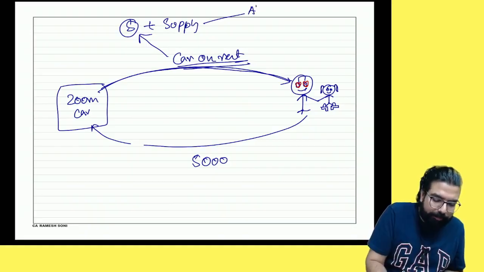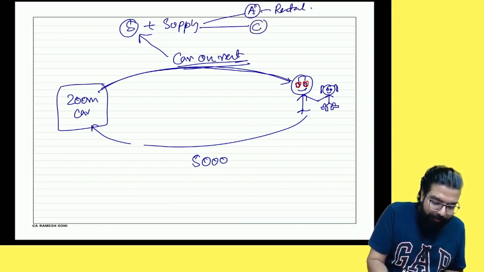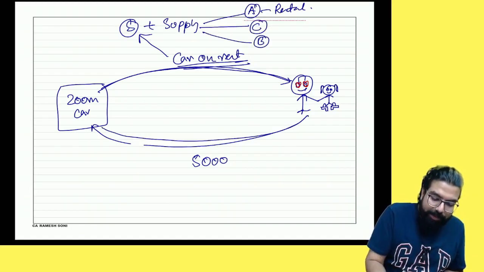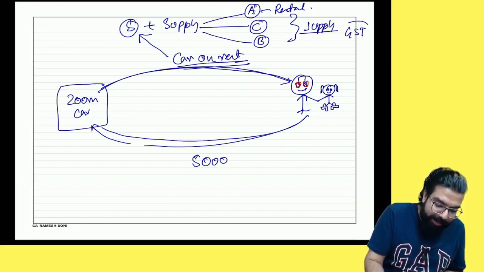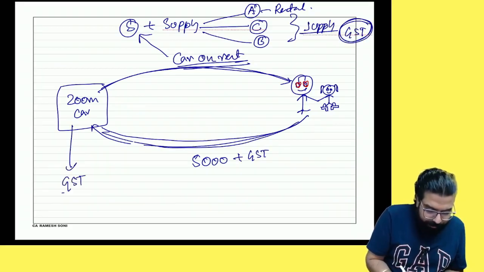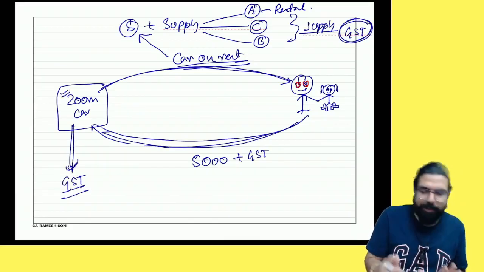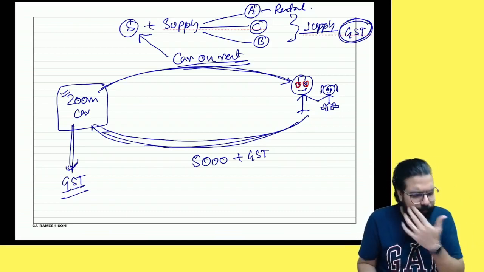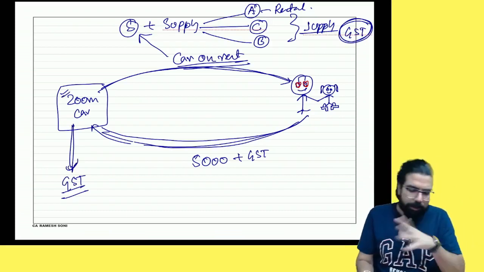What activity? Rental. Is it for a consideration? Yes. Is it Zoom car's business? Is it supply? Will Zoom car charge you GST? Yes. They will collect GST from you and they will pay GST to the government. But GST will be paid only if they are a registered person. It's okay, everyone? That we are not bothered about now. But are you clear with this? Can I go ahead? Okay.